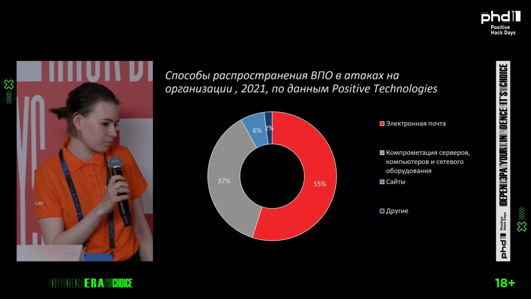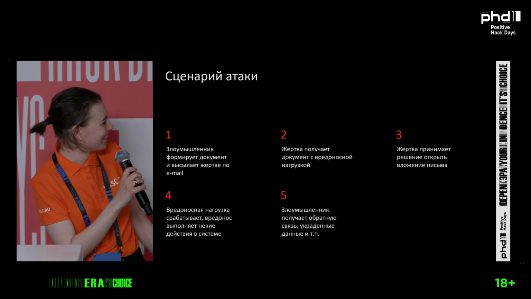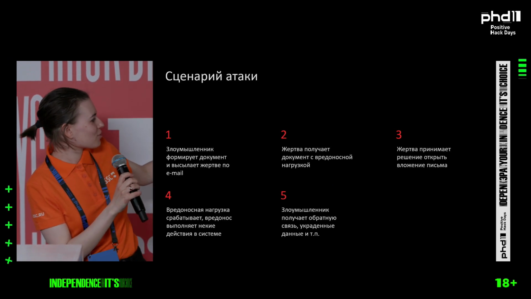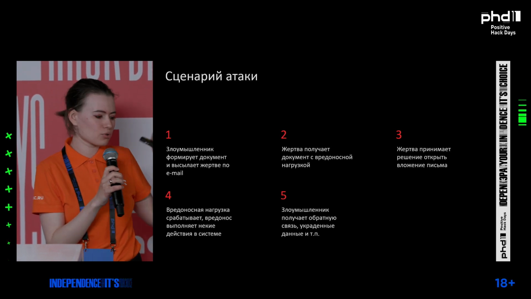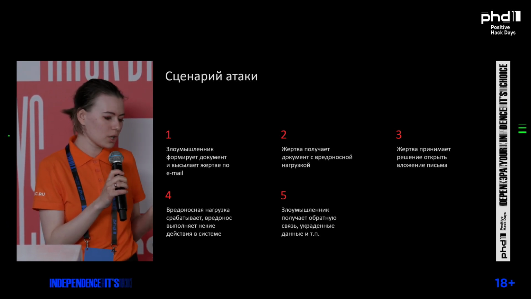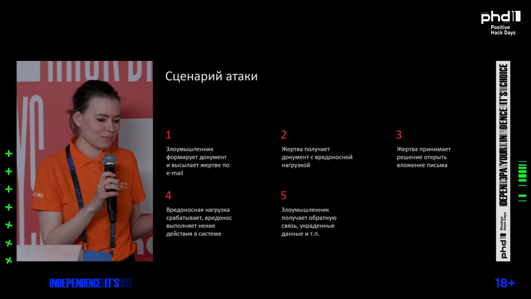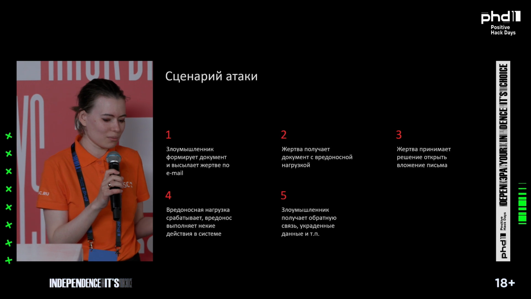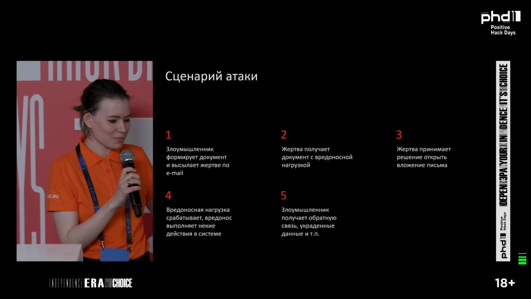So, for such pen tests, I would like to get. No, let me say it differently. Normally, what happens? A fraudster comes up with a document or a link and sends it by email to the victim. The victim gets it. Normally, there is a threatening message: please open this file, otherwise, and so forth.